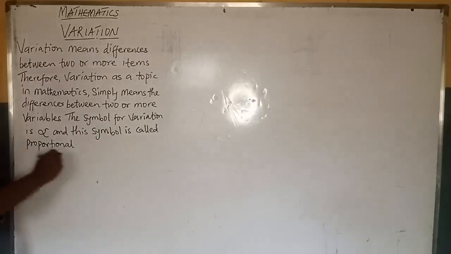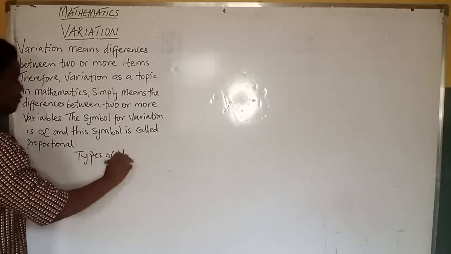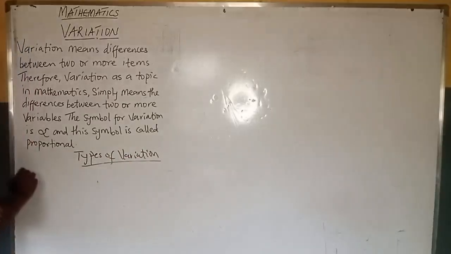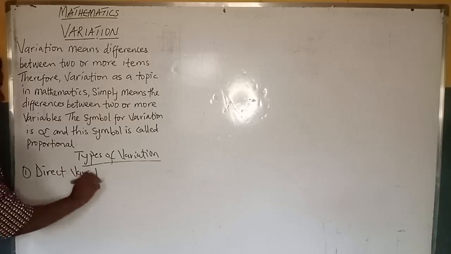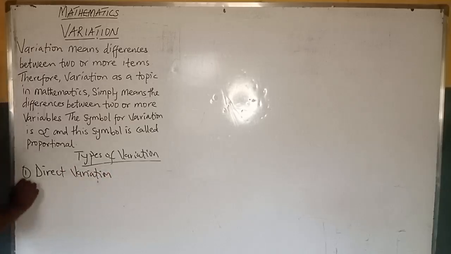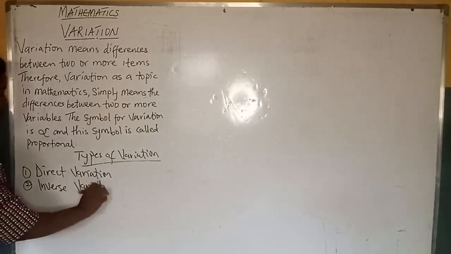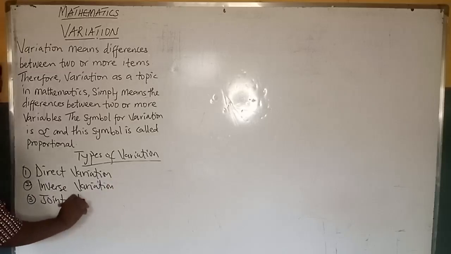Now let's talk about the types of variation we have. Number one, we have direct variation. Two, we have inverse variation. Three, we have joint variation.